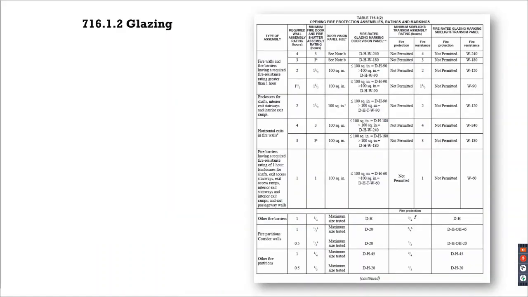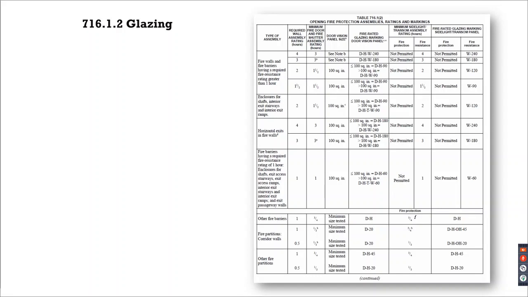And then table 716.1, number 2, is the opening fire protection assemblies for ratings and markings. So you're going on the left, you're looking, what type of assembly do you have? Do you have a firewall? Do you have a fire barrier that has to be rated more than an hour? Do you have a shaft enclosure for shafts, interior exit stairways, and interior exit ramps?